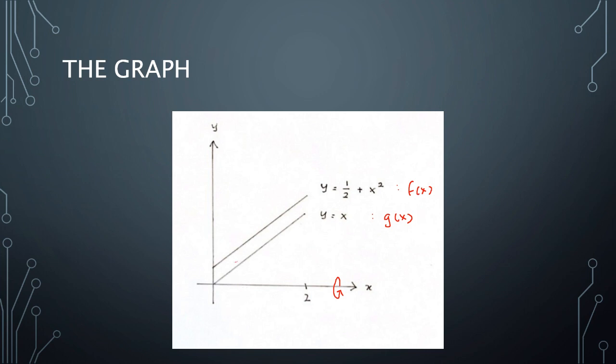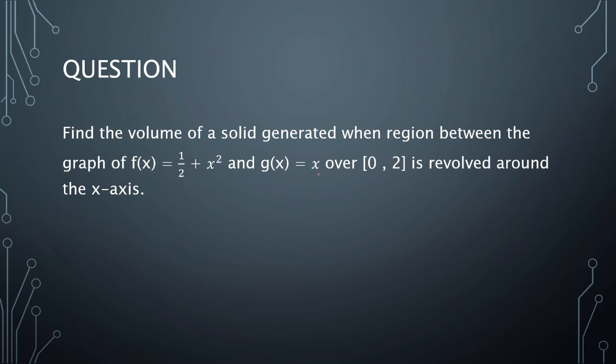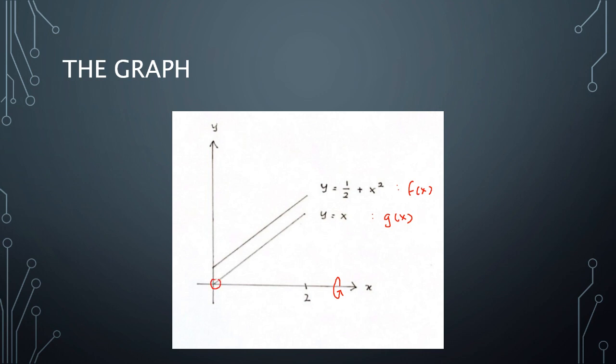And the question already gives the interval [0, 2], revolved around the x-axis. So 0 and 2 are the values on the x-axis.